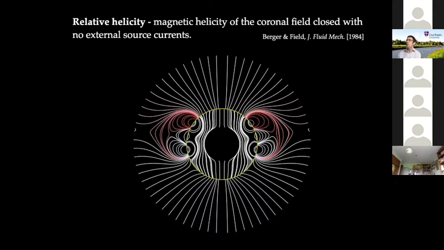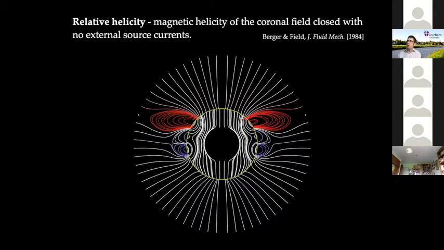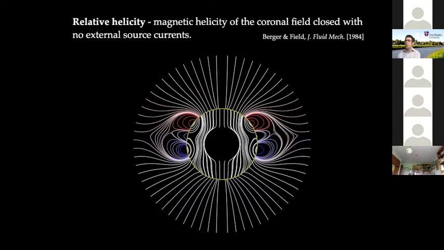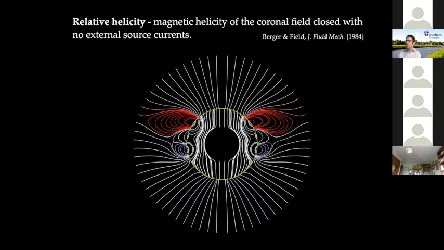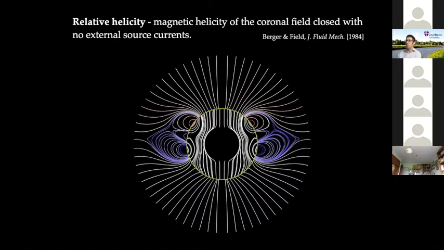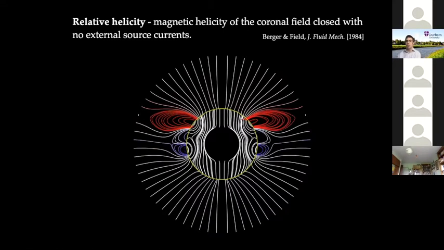But the idea of the relative helicity is that you say, right, well, I'm going to close my magnetic field with a potential field in the exterior domain. So here, the exterior domain is actually the inside of the sun, because we're interested in the helicity of the corona.